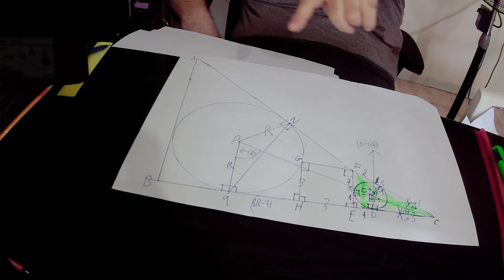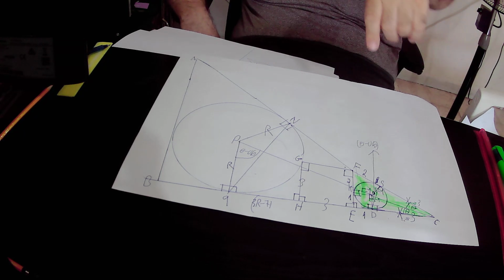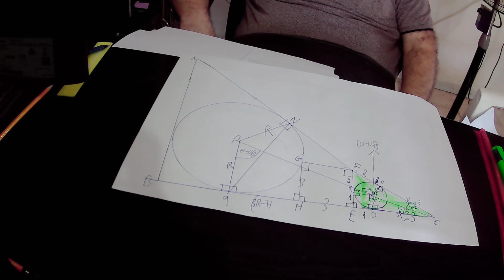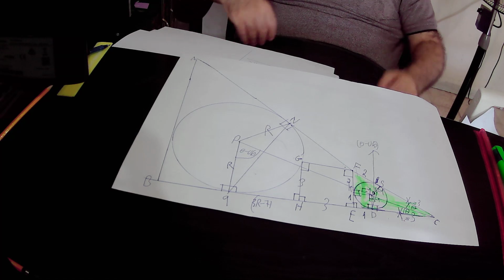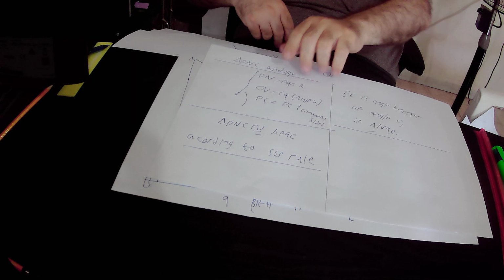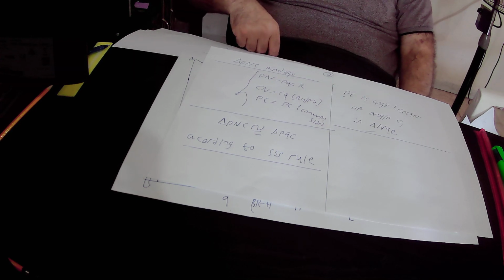And finally, we have PC that is equal to itself. Okay? So it's a common side that belongs to both triangles. So we actually proved that the two big triangles are congruent according to the side rule.